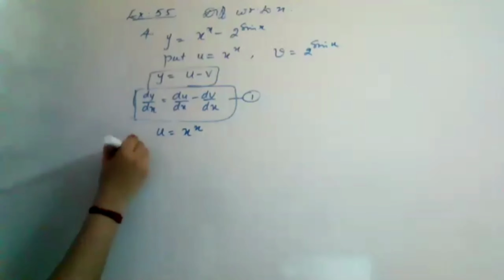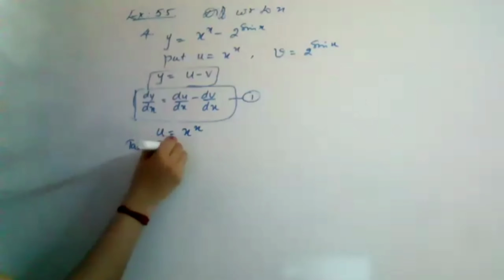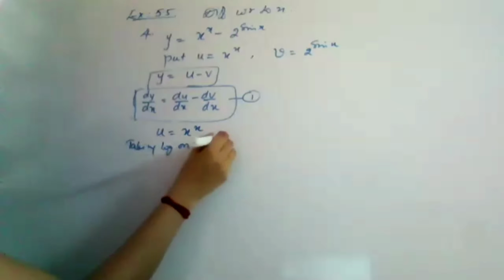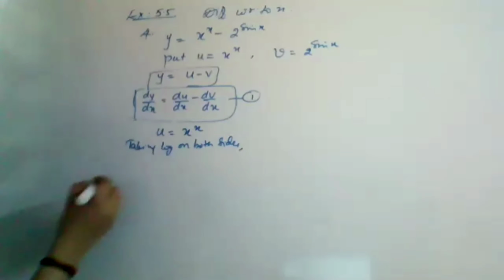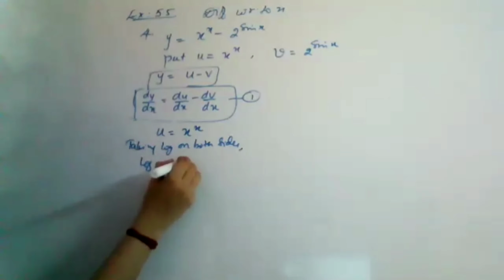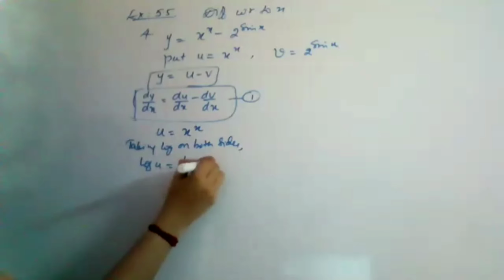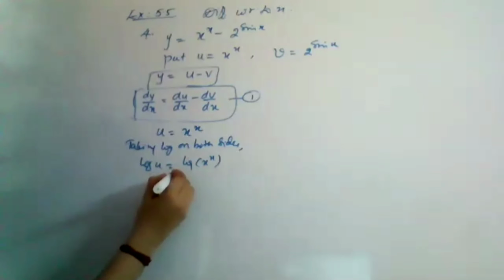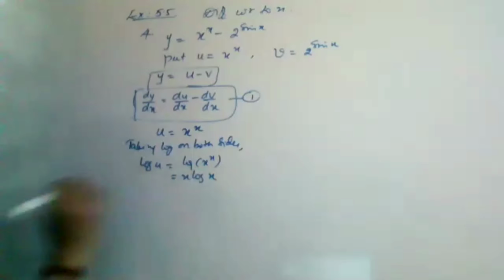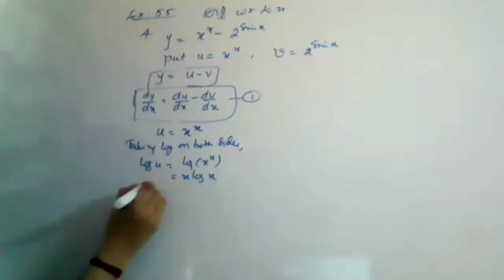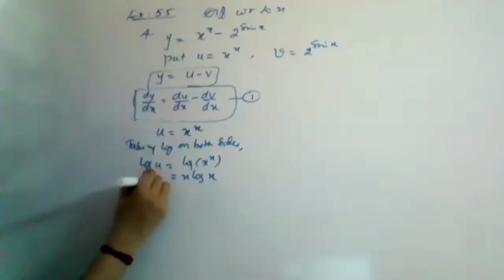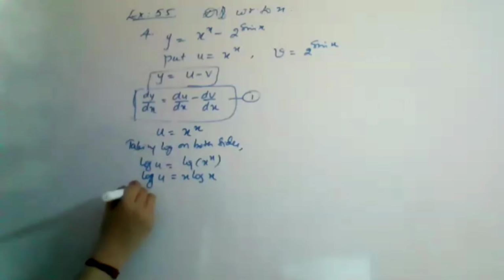Taking log on both sides, you will have log u is equal to log of x raised to x, and this will give you x log x. So log u is equal to x log x. Now you just take the derivative on both sides, differentiating both sides with respect to x.